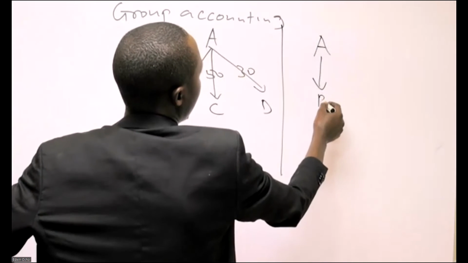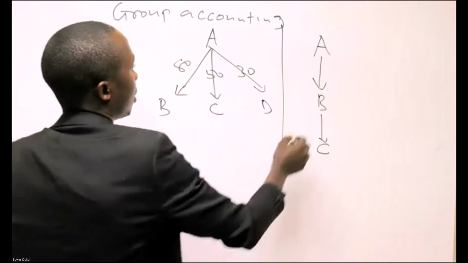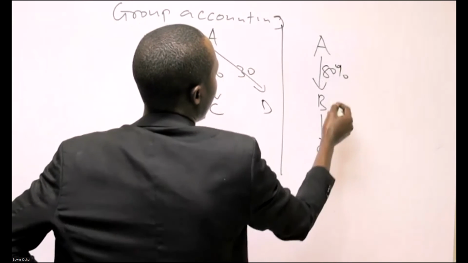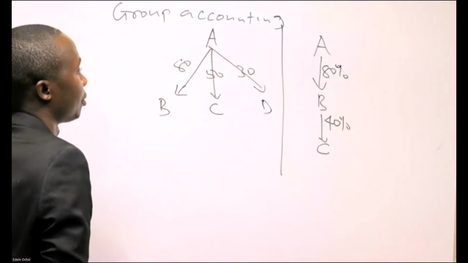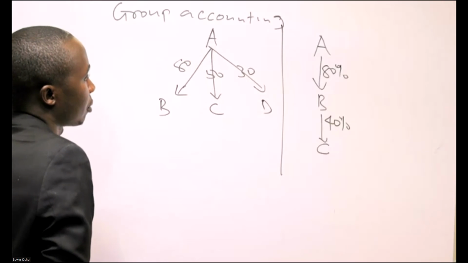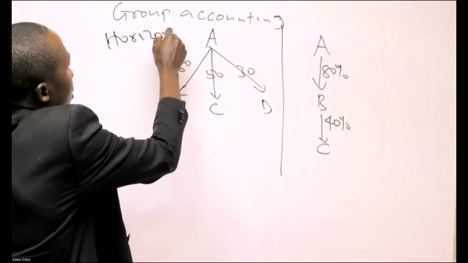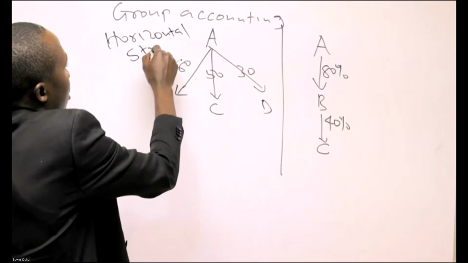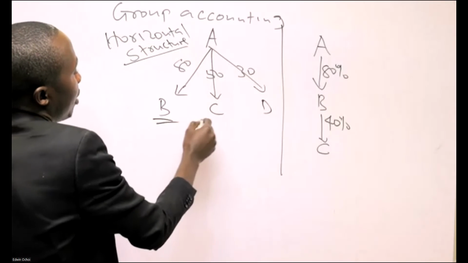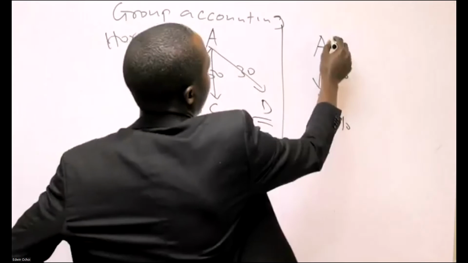A acquiring B, A acquiring C. So this one, I said it will be 80 or 40%. At your level, they cannot make this one to be more than 50. This is horizontal structure. The one whereby the investee companies are acquired direct. And this one is called vertical.